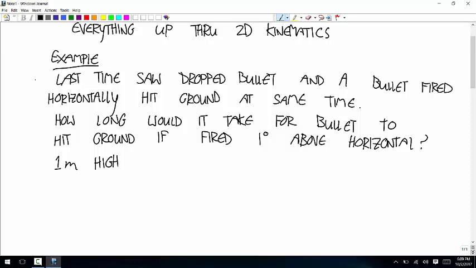Can someone look back and tell me what we're comparing this to? And then how long did it take for the bullet to hit the ground? 0.4515 seconds. Okay, so that's what we're comparing.